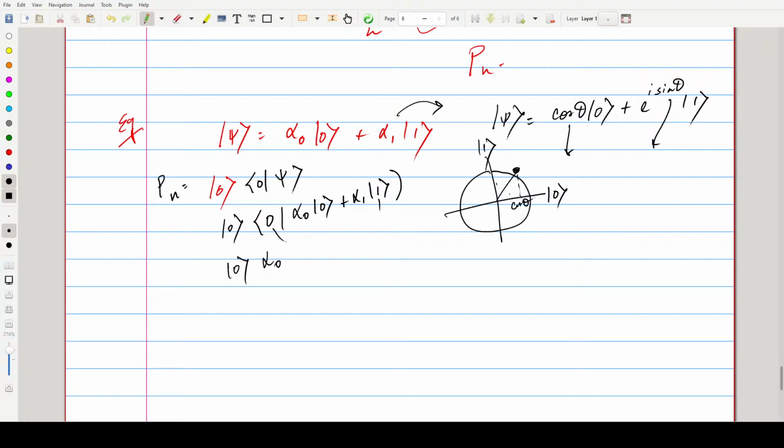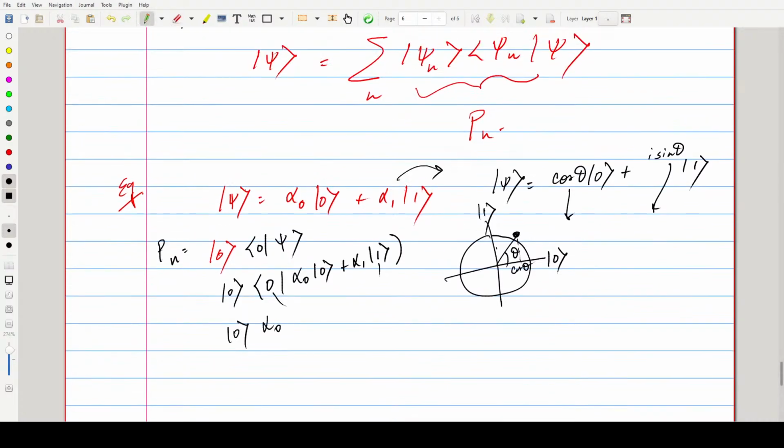And this angle over here, if this is theta, then the other will be 90 minus theta, and that will be sine of theta. And we'll see why we are going for either this or this. I'm sorry that I'm not brushing up on my basics, but what's happening is that we're essentially taking our projections on either this zero ket or one ket over here.